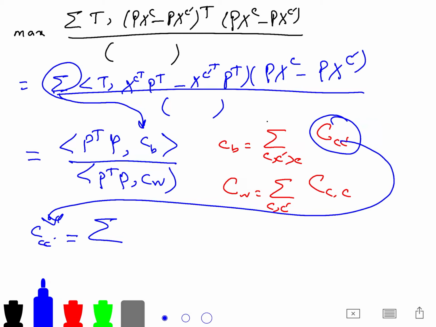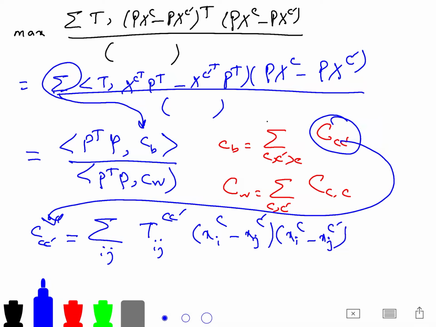So C is the sum over i and j, T of c and c prime, i and j, Xic minus Xjc prime, Xic minus Xjc prime, for any c and c prime.